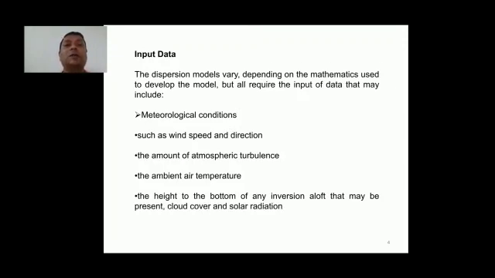The dispersion models vary depending on the mathematics used to develop the model, but all require the input of data that may include meteorological conditions like wind speed and direction, amount of atmospheric turbulence, ambient air temperature, the height to the bottom of any inversion aloft that may be present, cloud cover and solar radiation. This is all about the input data of the meteorological conditions.